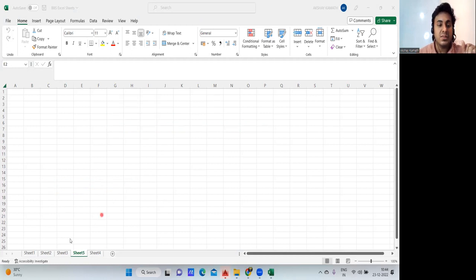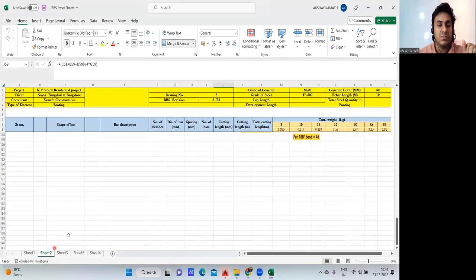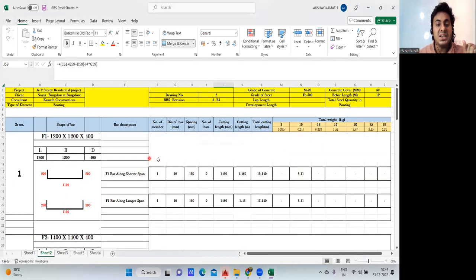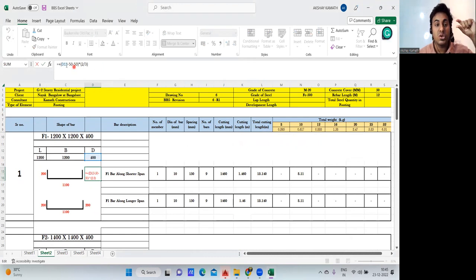If that is the case, come to the Excel sheet. The bend deduction I have anyhow applied; here you can see the bend deduction minus 4 times. This depth whatever you have taken, they are telling you to take the complete depth. That means instead of multiplying by 2/3, that is overall depth minus top cover minus bottom cover, and whatever answer we got, we used to take 2/3 of that, because that is a general construction practice.